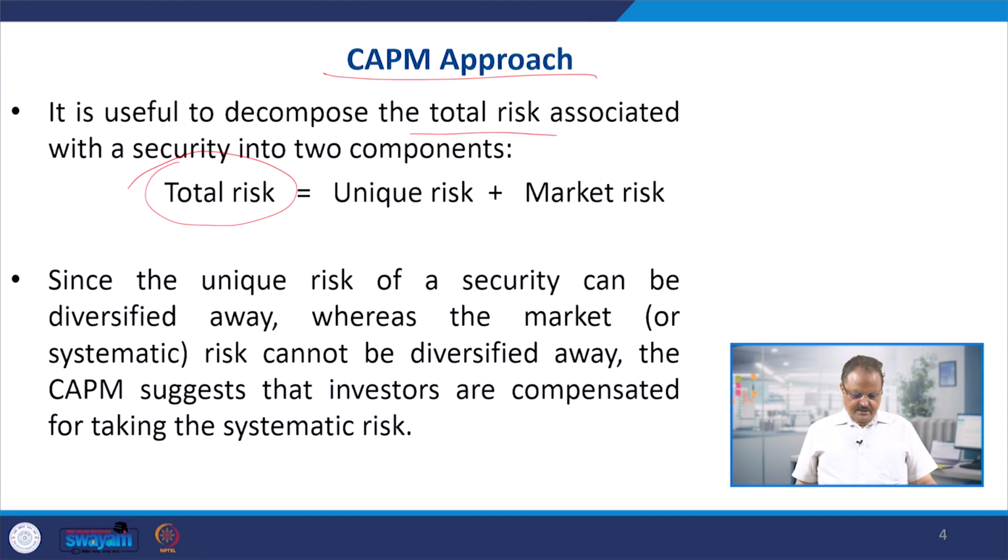So the total risk associated with the security or stock of any company has two components. One is the unique risk, and the second is the market risk.